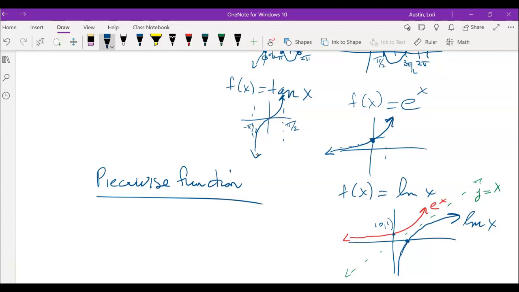All right, so it might look like this. How the function is defined would look something like this.